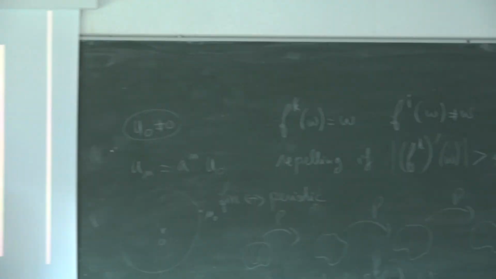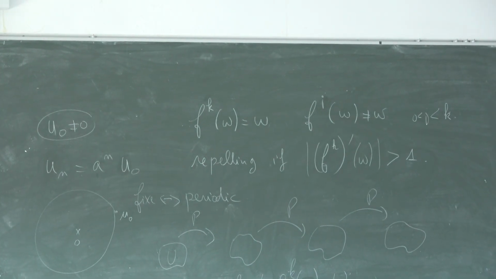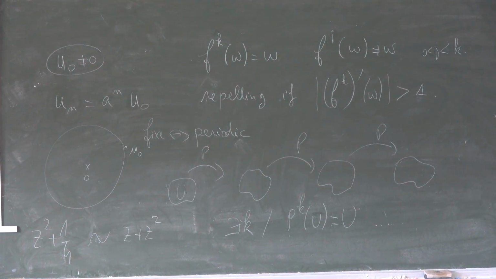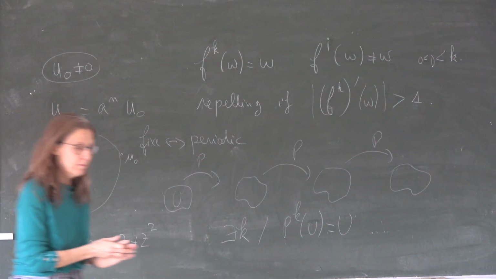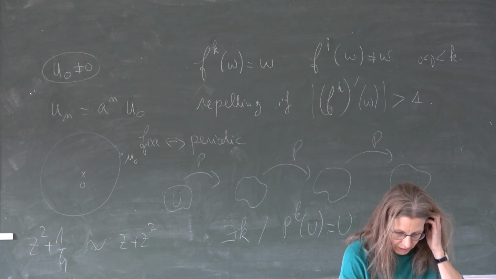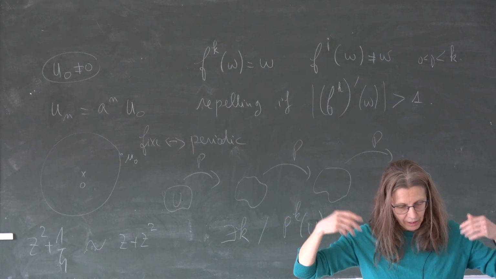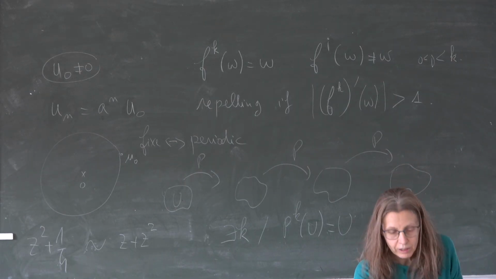There should not be 1/4 here. So this value is close to 1/4, but in the complex plane. And the Julia set looks like this. In white, it's the basin of infinity, and the rest is the filled Julia set.